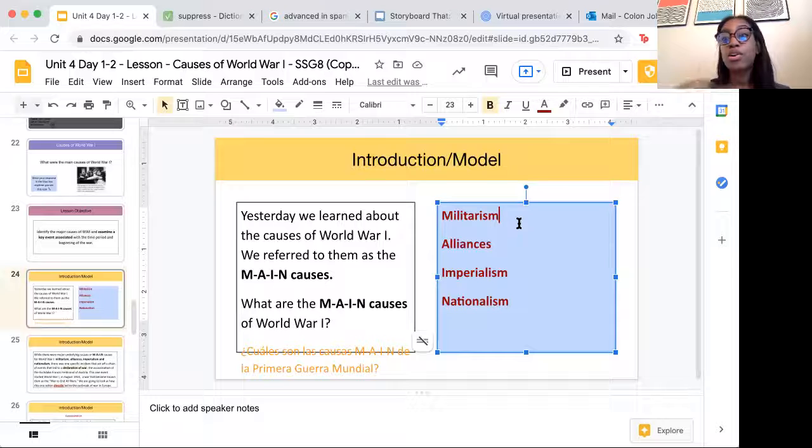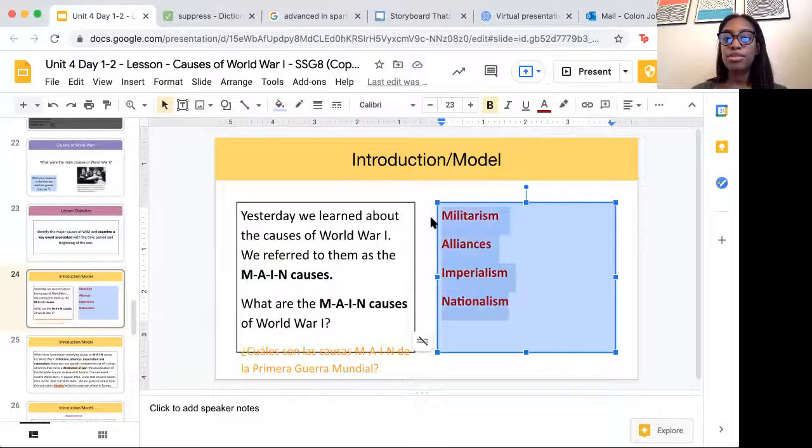You can use Google Images and think about, okay, militarism: army, soldiers, build up, money. These are some of the images that should come to mind. As you explore each of these, you should have different images. And of course, we know that they are going to contribute to World War I. So that's something that can definitely help you.